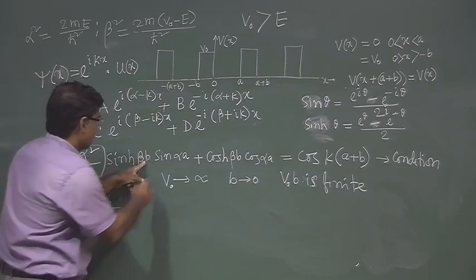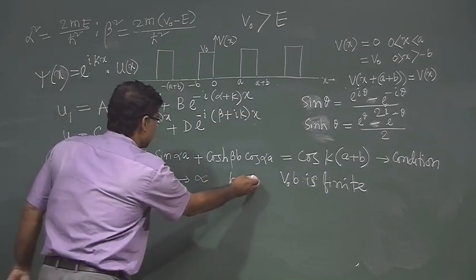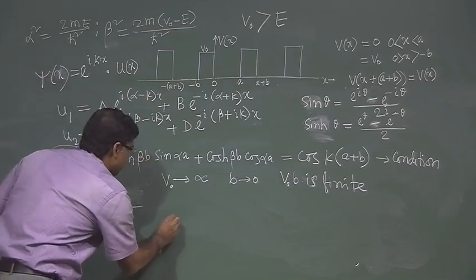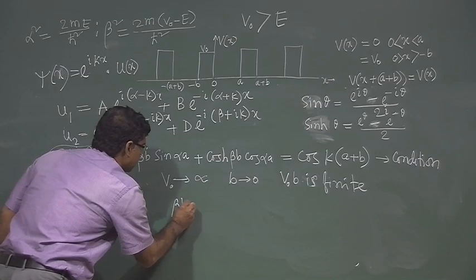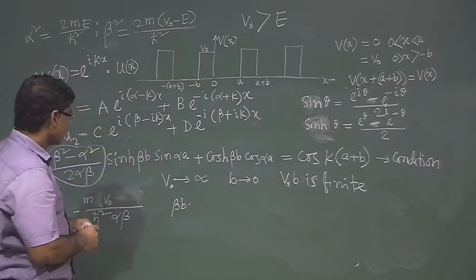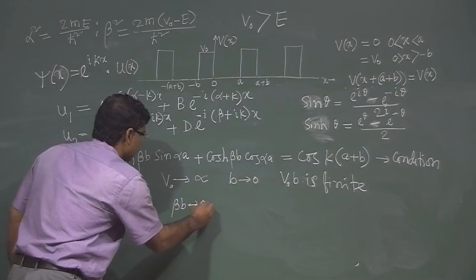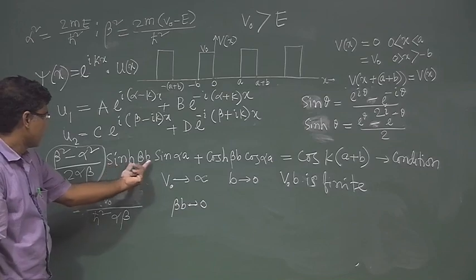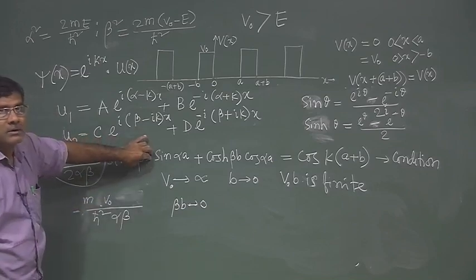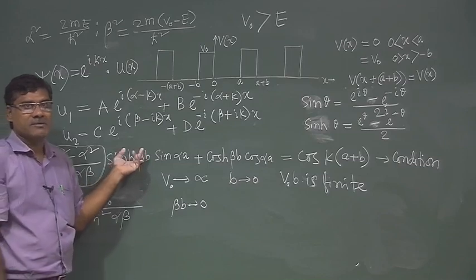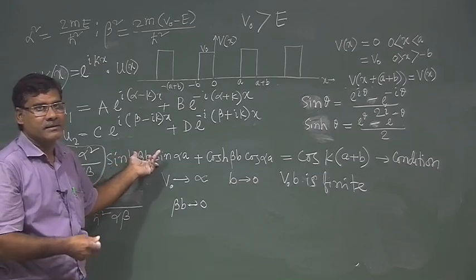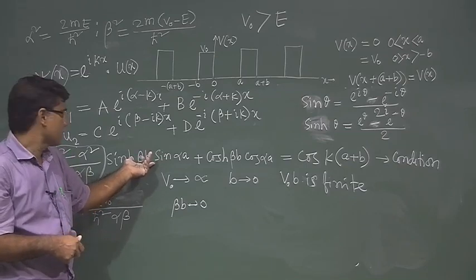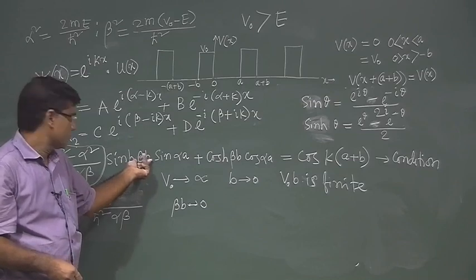As b tends to 0, beta b also tends to 0. So this is a small value. So, sin x, for small value, expanded, will be approximately x, right.